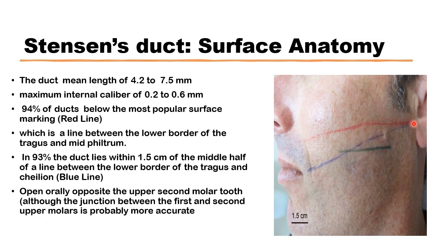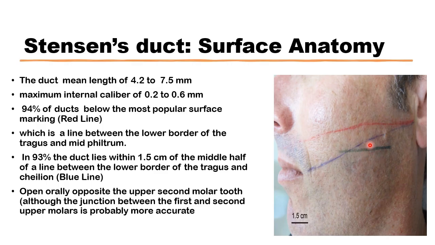It's perhaps more applicable to use the blue line connecting the lower border of the tragus to the corner of the mouth, knowing that about 93% of individuals will have the actual duct within 1.5 centimeters of that line.